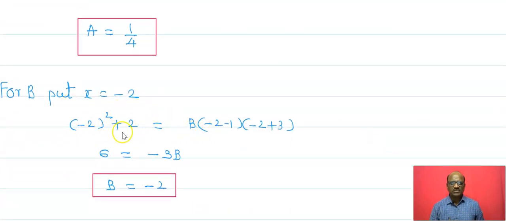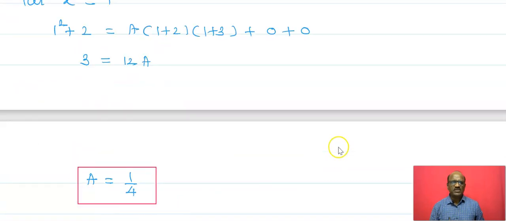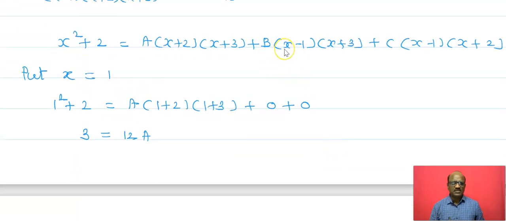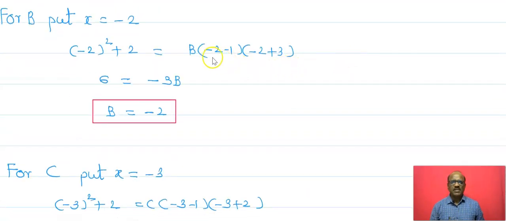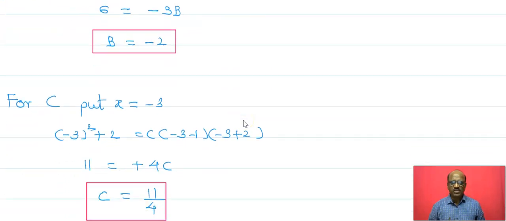Therefore minus 2 bracket square plus 2 is equals to b into minus 2 minus 1 into minus 2 plus 3. That is minus 3 into 1, that is minus 3b, and 4 plus 2 is equals to 6. b is equals to minus 2. Here you will get the value of b.